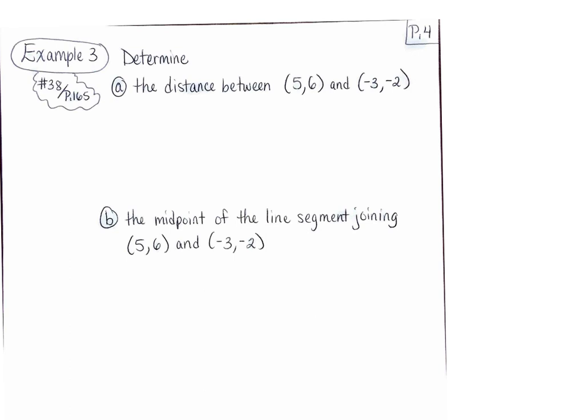So remember, you have D is equal to the square root of x sub 2 minus x sub 1, quantity squared, plus y sub 2 minus y sub 1, quantity squared.